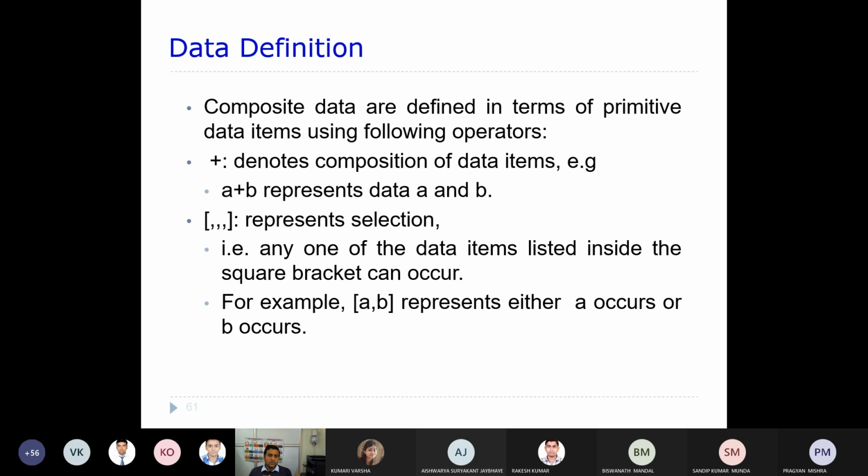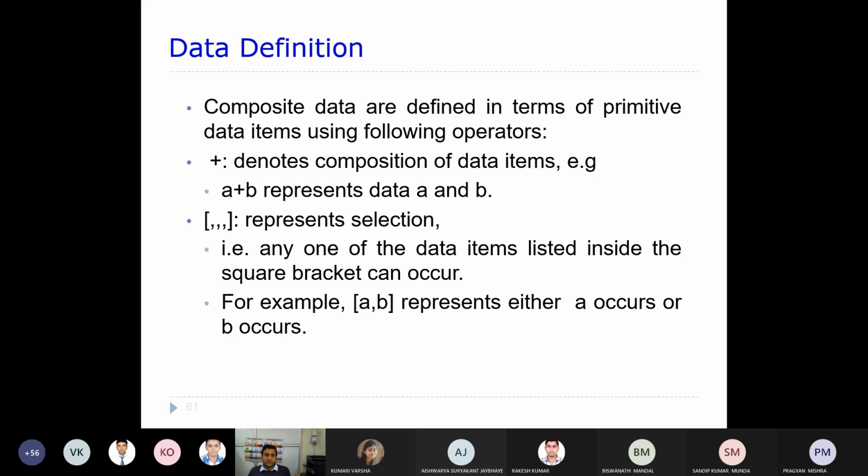And now there is something like selection also. Let's say, for example, you can have something like this. Some data item can be of this form. It is a composition of A and B, but sometimes A occurs, sometimes B occurs.